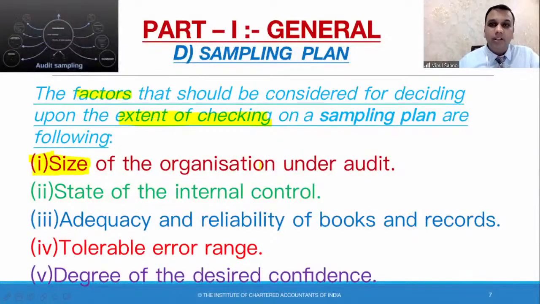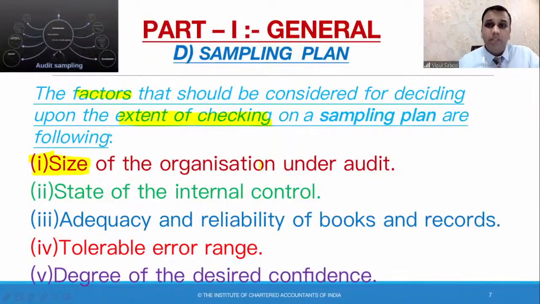If it is a small organization, I'll say, why to derive some sample from it? Why can't I go for 100% checking? It will take a day or two. I'll first take 1 day or half a day to make a sampling plan. Then I'll ask my team to study that sampling plan. I'll make them aware of how to make the samples and how to apply those audit procedures. And that much of time, as per keeping the size of the organization in mind, I can get 100% checking done.